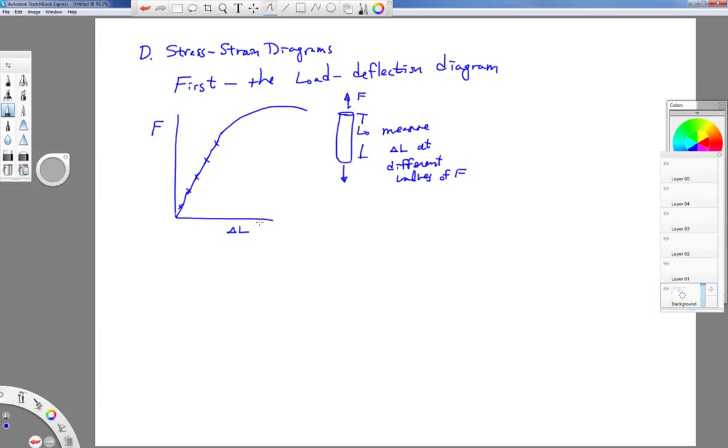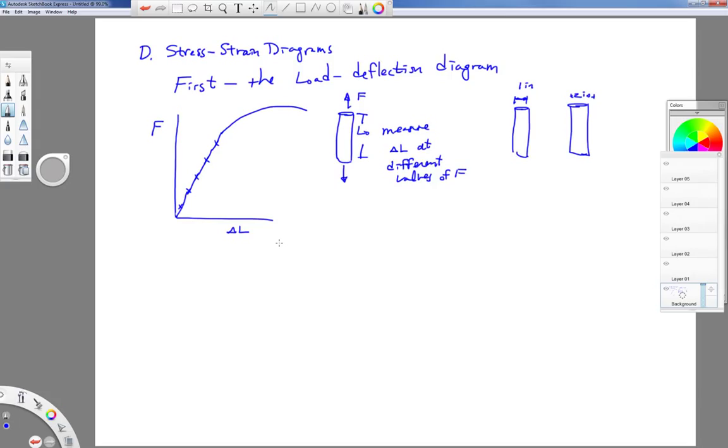One thing to note about this force deflection diagram is that if you were to change the dimensions of the structure, even by keeping the material the same, so if you have a 1-inch diameter bar and did a load deformation test, and took the same material and had a 2-inch diameter bar, you would get a different load deformation response for the same force level and the same gauge length.